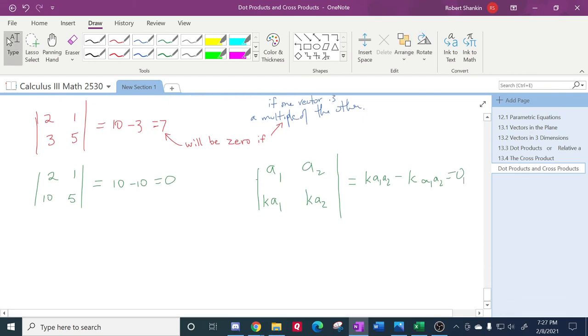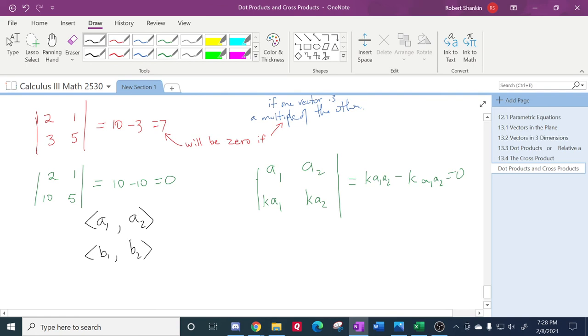Okay. Even further, to demonstrate the point further, if one vector is a multiple of the other, then these things turn out to be this, but look at the ratio. A1, A2, B1, B2.